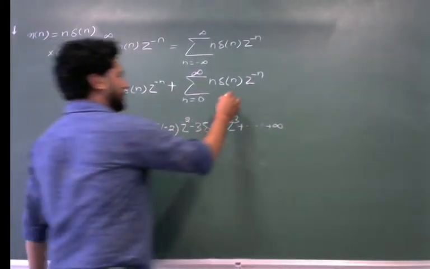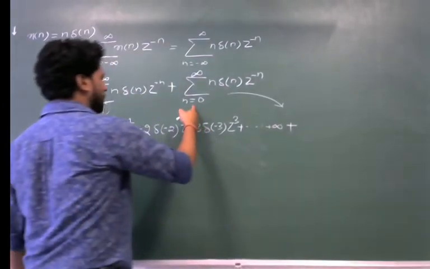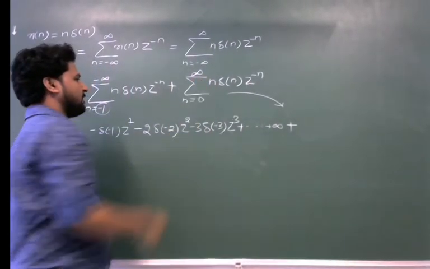Now put this summation as this is. When I put n equal to 0, the summation will become 0.